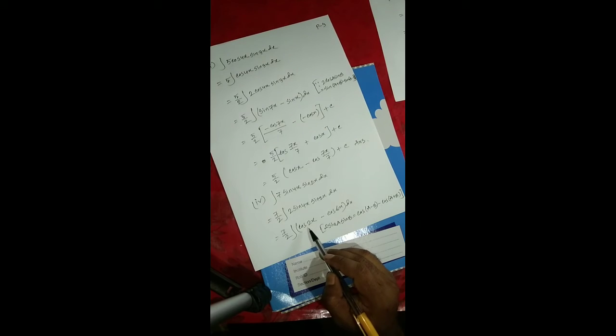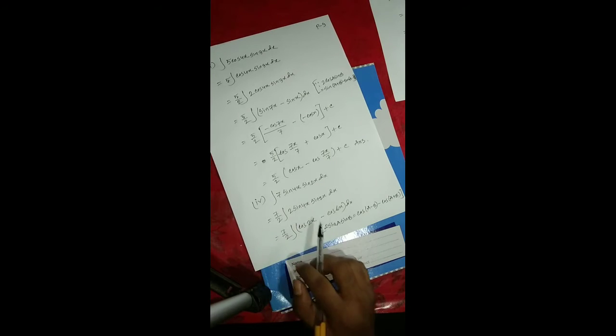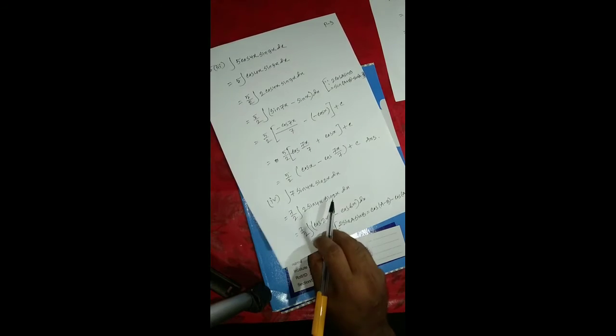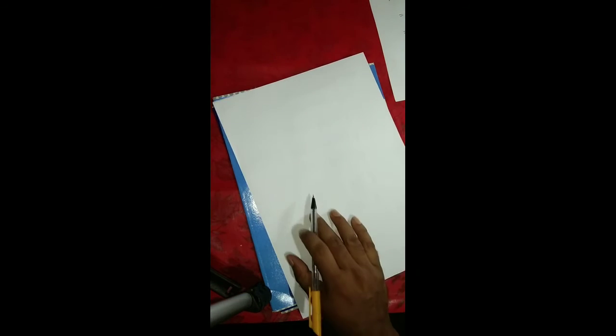Now just integrate this function. Cos x, we know the formula of integration of cos x, that means sin x by A. Now here cos 2x, that means sin 2x by 2.